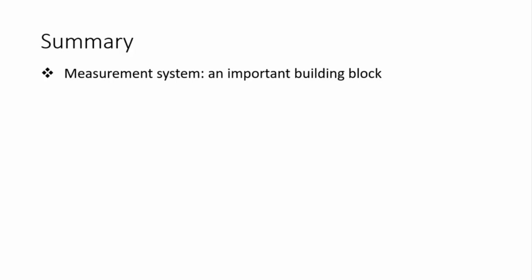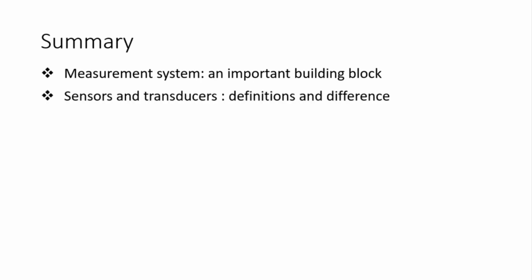Well, my friends, let us summarize lecture 1 of week 4. In this lecture, we studied the meaning of the measurement system. It is an important building block of the mechatronics based automated system. We learned the definition of the terms sensor and transducer, and understood the difference between a sensor and a transducer.